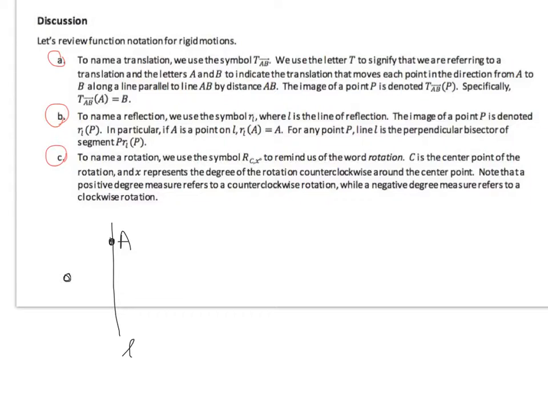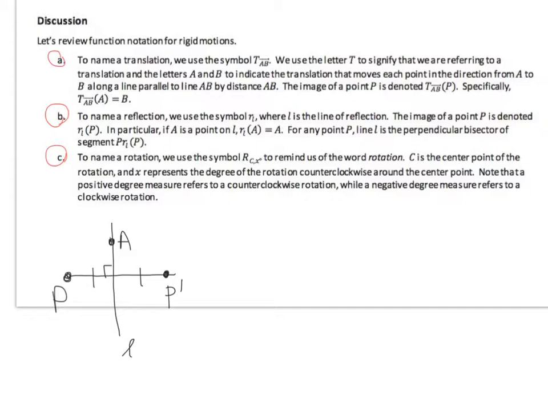For any point P, the line L is the perpendicular bisector of the segment from P to its reflection over L. Okay, so this line right here is perpendicularly bisected. This segment is equal to this segment.